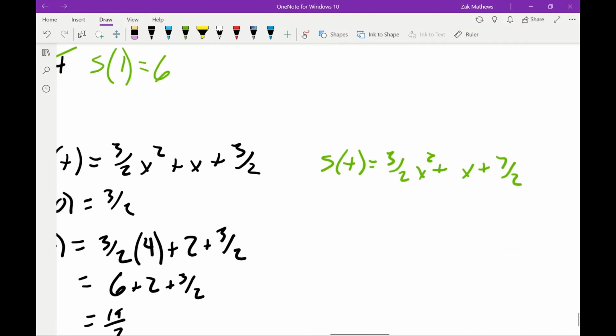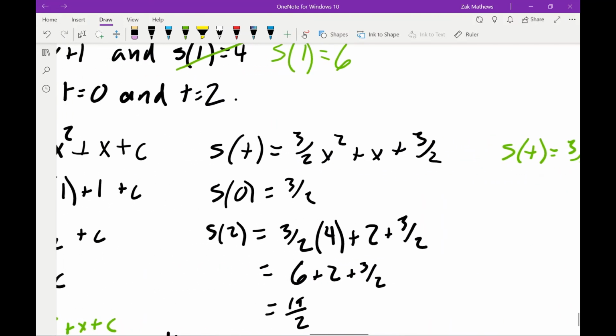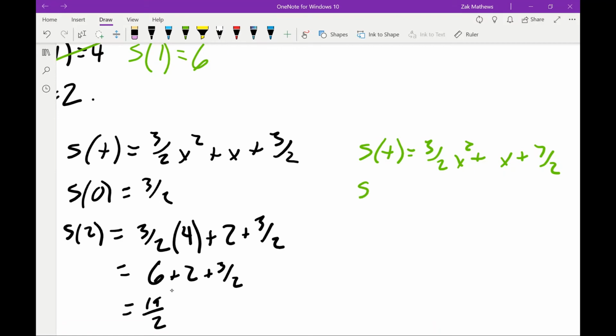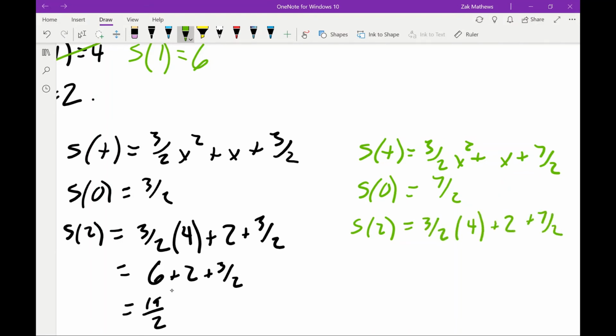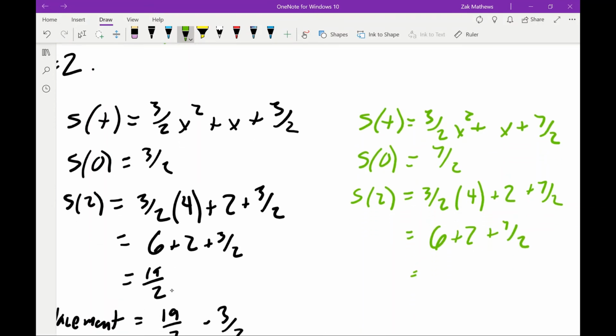And so I'm going to plug in the same 0 and 2 like we did just a second ago. 0, I get 7/2. 2, I'm going to have 3/2 times 4 plus 2 plus 7/2. And so we get 6 plus 2 plus 7/2. And that would be 8 plus 7/2, or 16 plus 7/2, which is 23/2.